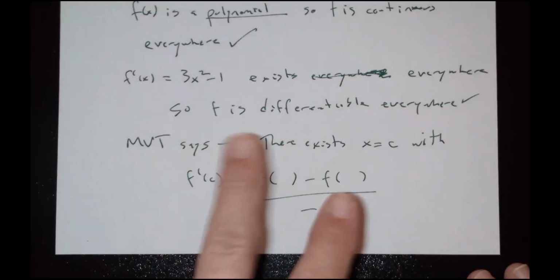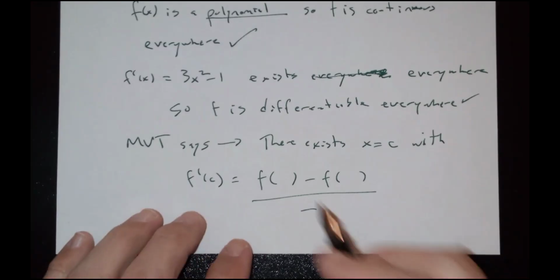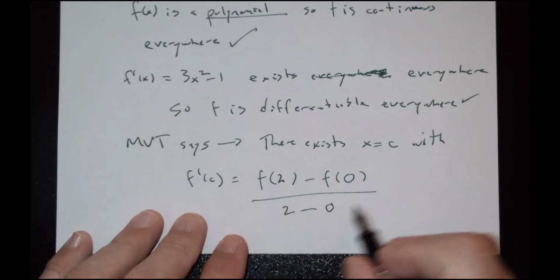I need 4 numbers. Aha! f of B minus f of A over B minus A.